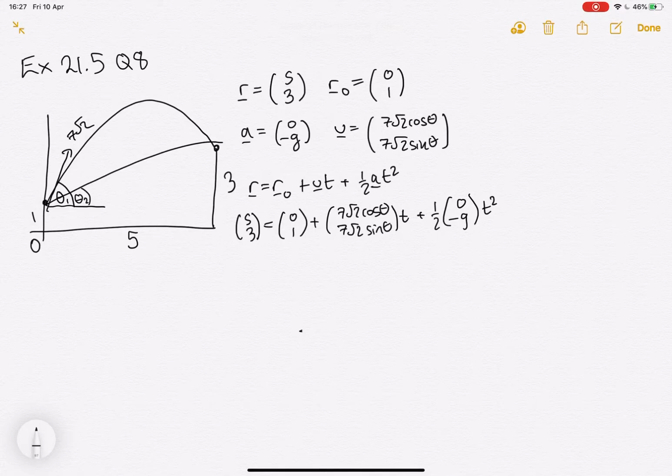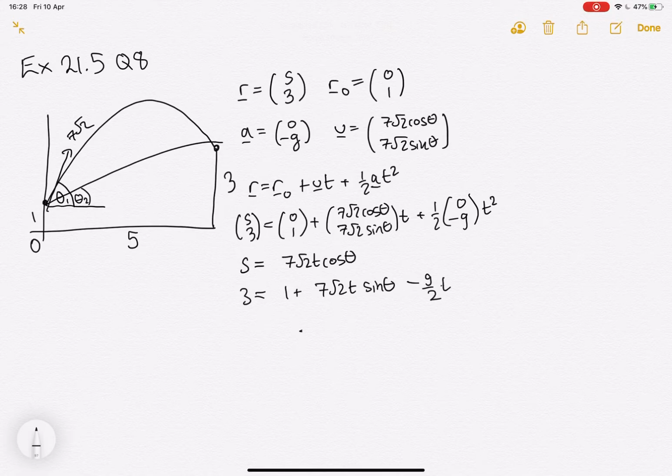And reading off the horizontal and vertical components, we get 5 equals 7 root 2 t cos theta. And from the vertical component, we get 3 equals 1 plus 7 root 2 t sine theta minus g over 2 t squared.